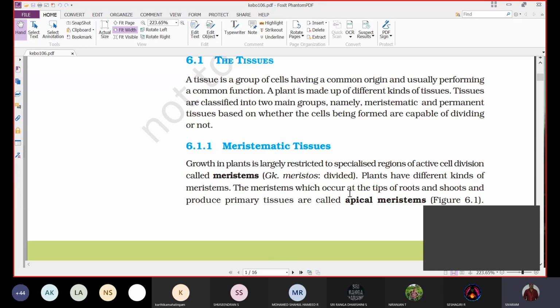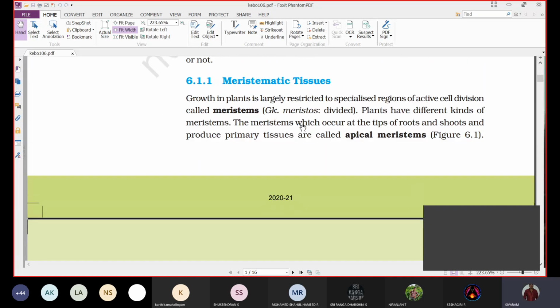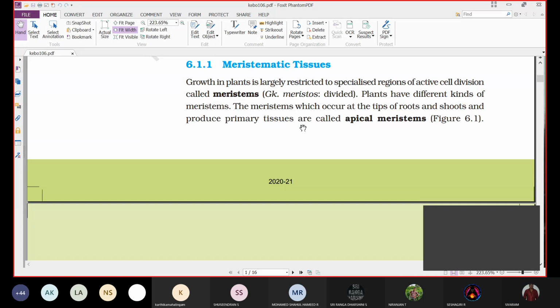So based on whether the cells continue to divide or not, the tissues are divided into two groups: meristematic tissue and permanent tissue.